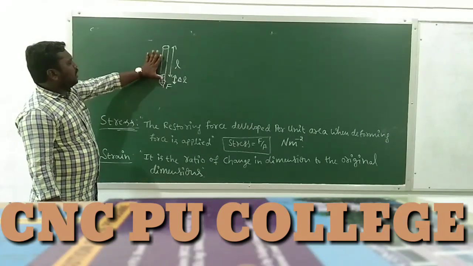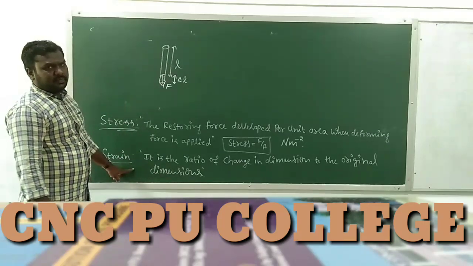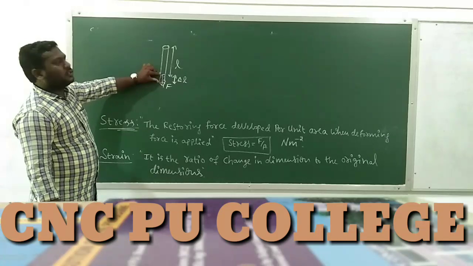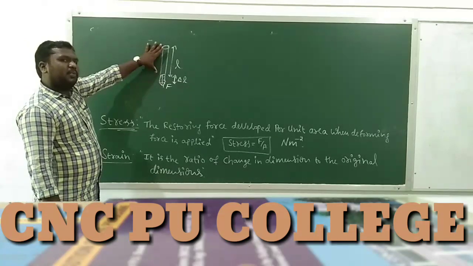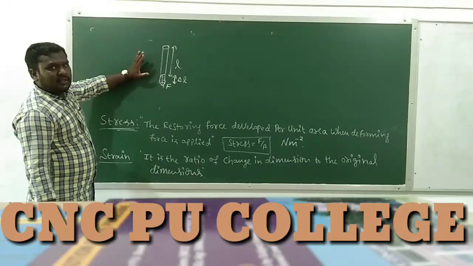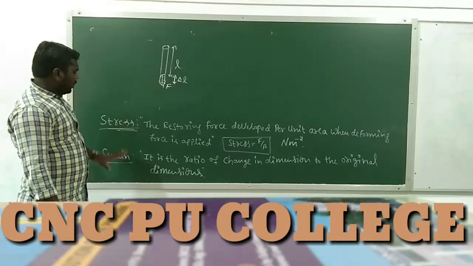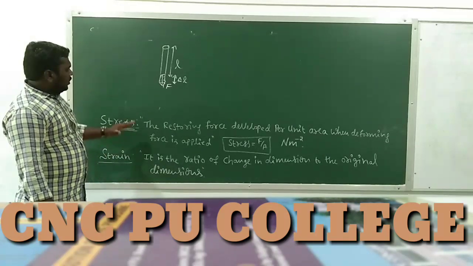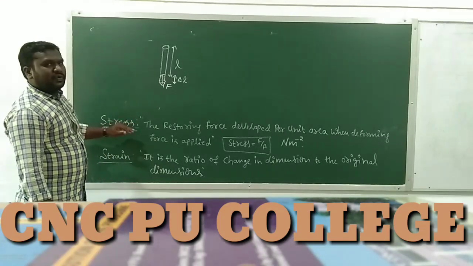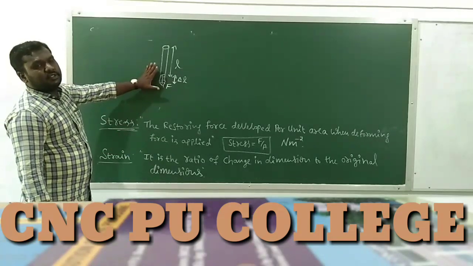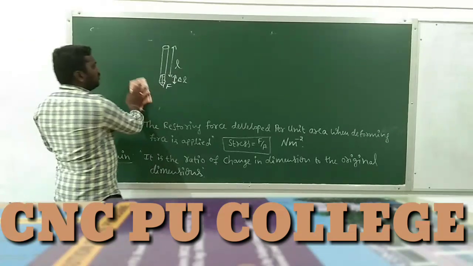Then how to get the strain value? We just have to take the ratio of the change in dimensions to the original dimension. Likewise for area, for length, and for volume, we are going to have the particular strain. We have different kinds of strain, depending on the dimensions we are measuring.